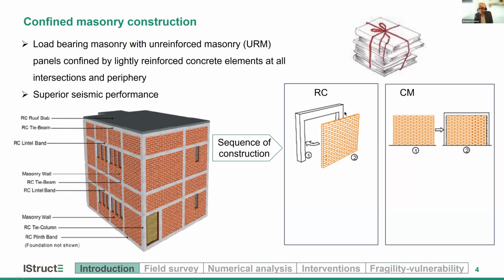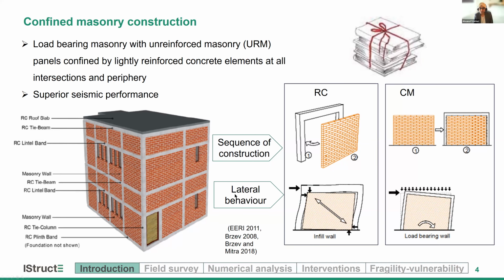And you can already see the significant difference in the size of these confining elements, where in confined masonry we have very light cross sections and reinforcement detailing. And we do not really expect a frame behavior from these RC elements in confined masonry, as compared to the RC frame structures.